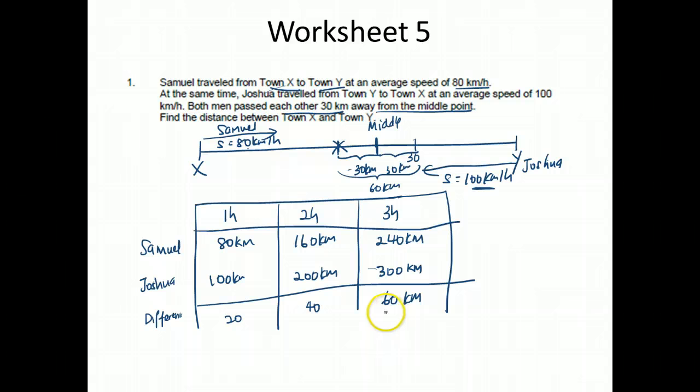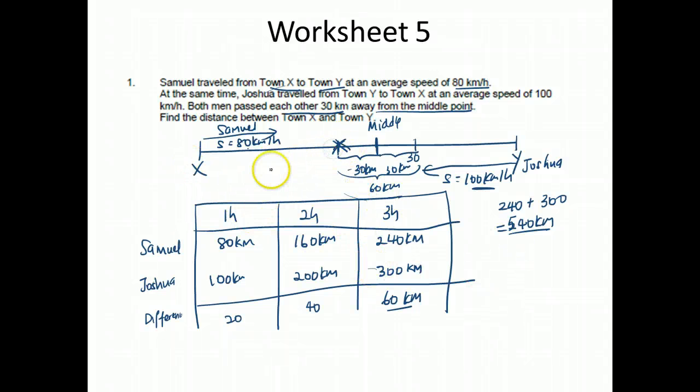So we know that the difference here is 60, right? Their total distance will be 240 plus 300. So the distance from town X to town Y would be 540 kilometers. How do we check our answers?